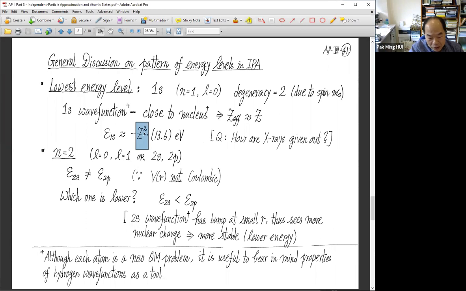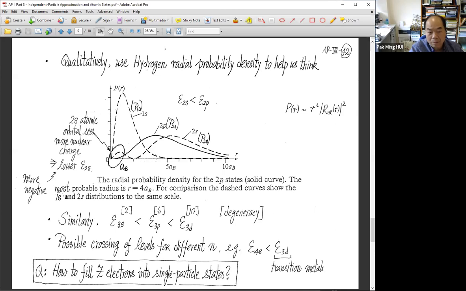And then we also see this difference in 2s, 2p. The reason is simple because it's not strictly Coulombic. And then we also have this difference in the n equals 3 levels, okay? You can get a sense out of it why 2s is lower than 2p.